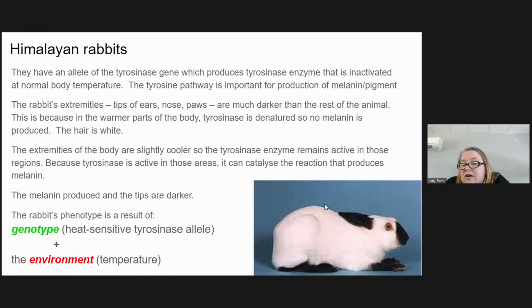It meant that the tyrosinase enzyme present was able to work as it was intended to create melanin, and the melanin became deposited in the rabbit's fur on its back. So the particular Himalayan rabbit will have had black hairs at its extremities and a big black patch on its back, again showing that the environmental effect of temperature has affected the rabbit's phenotype and how its genes were expressed.